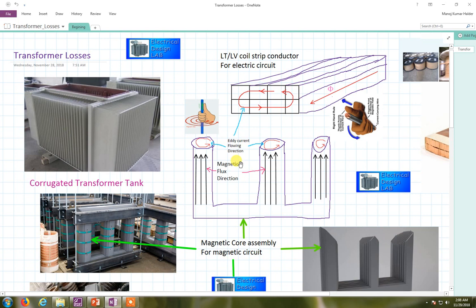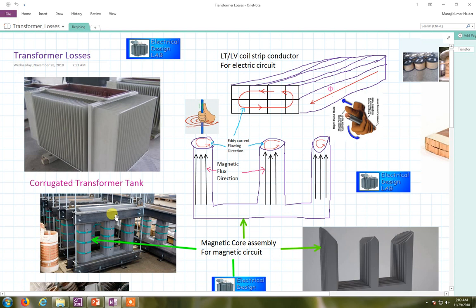So just a few minutes back we learned that not all flux flows through this path. Some flux will deviate, that means it is not linked with the secondary, so it stays in the air. When it stays in the air, this flux is called leakage flux. This leakage flux will link with the body, and not only the body but also other metal parts, like this angle supporting the core to tie them.